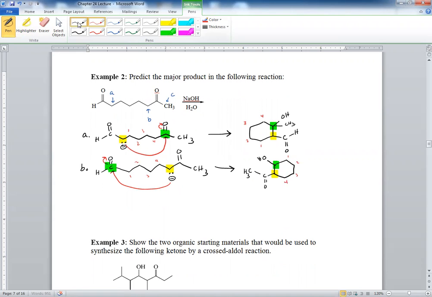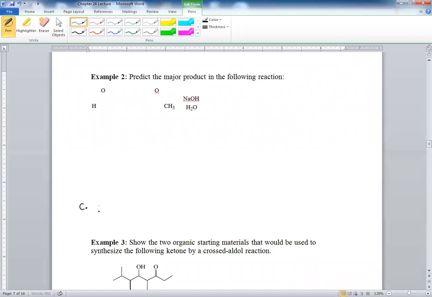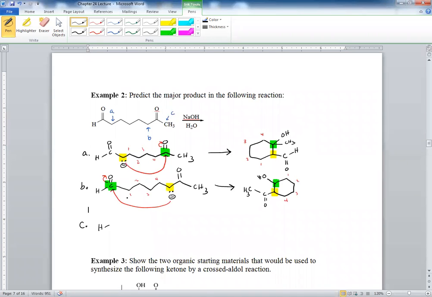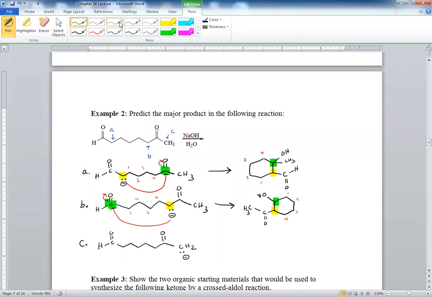Finally, what if you have C? The CH3 as the enolate. Okay, so notice the difference now.